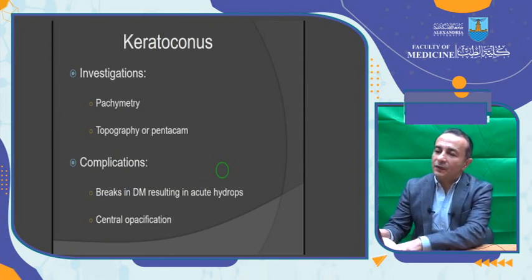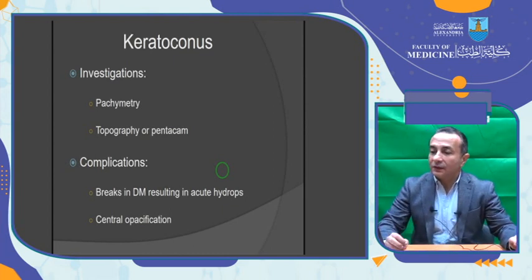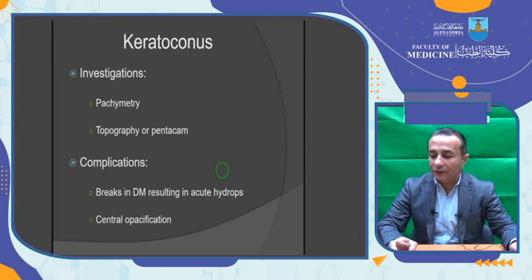So in a patient with keratoconus, what investigations are you going to do? In advanced keratoconus, usually the diagnosis is clinical, and you may not need any investigation to diagnose the case, but investigations may be required in early cases.